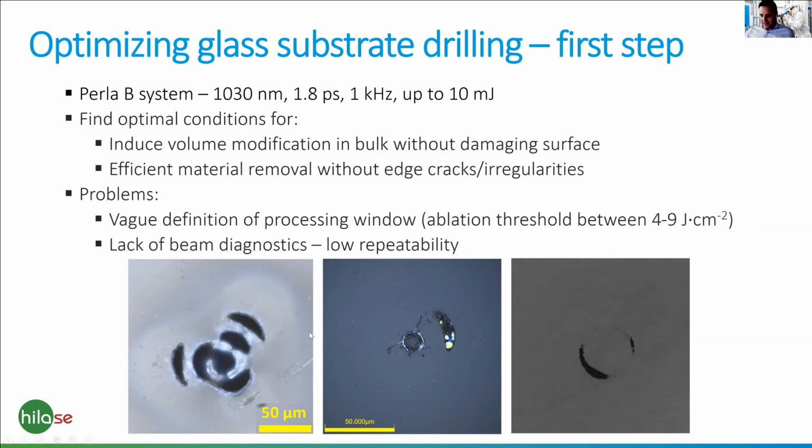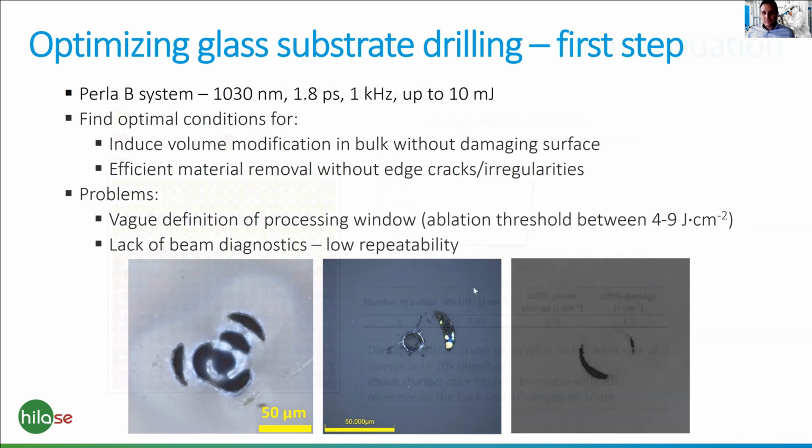On the micrographs down here, we can see the results. You can see that either the beam was far above the ablation threshold, so you cause this very irregular hole on the surface, or you cause cracks around the affected zone, or the energy was not sufficient to do anything but burn the surface itself.